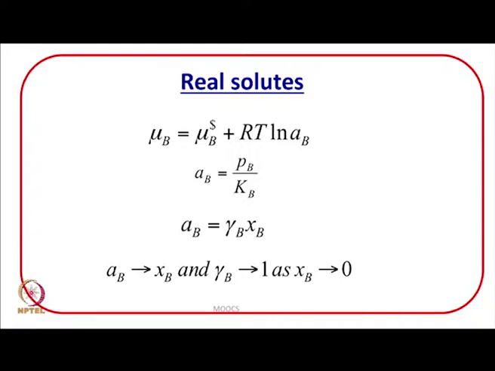When you compare this with the solvent, for the solvent the activity coefficient approached 1 when the mole fraction approached 1, that means when the solvent was approaching purity. But for the solute, the ideal dilute solution is the one in which the solute obeys Henry's law. So Henry's law will be obeyed when the solute concentration approaches 0. It is then that the activity coefficient will approach 1, and in place of activity we can use mole fraction.